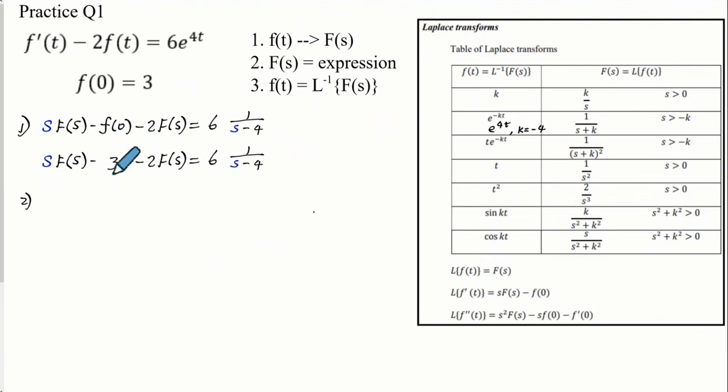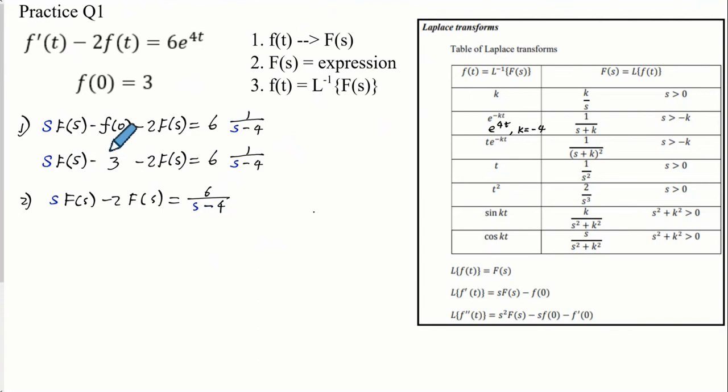So I want to move everything related to F(s) to the left side, and everything else to the right. So s times F(s) minus 2 F(s) equals 6 over s minus, let's just keep s in black, s minus 4.